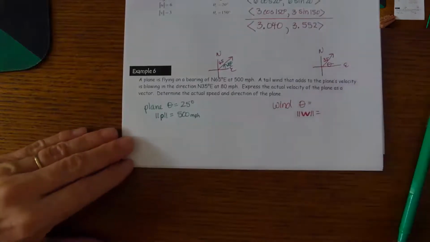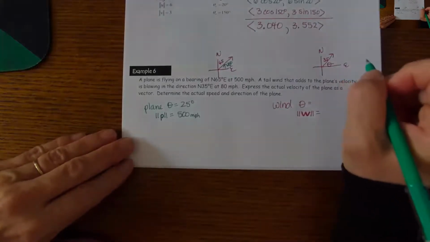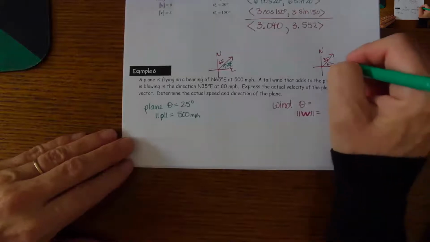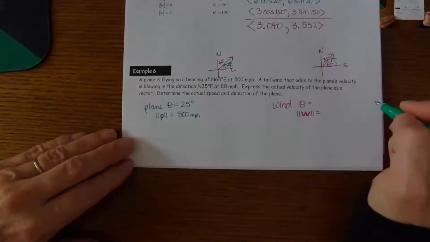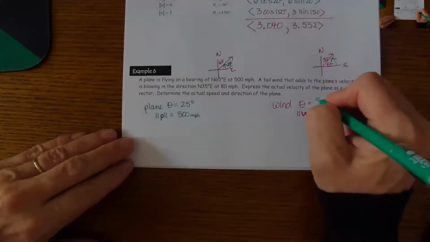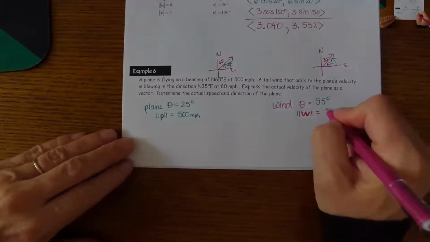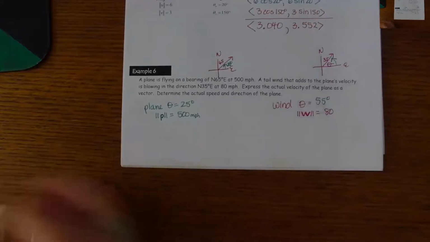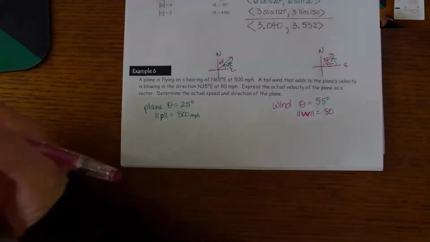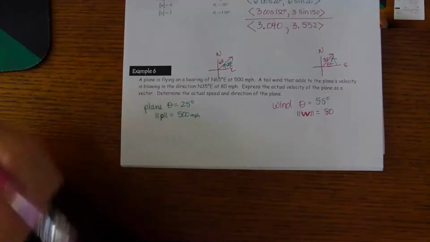So what number do I actually want for theta? 55, right? And the magnitude is what? 80. Everybody okay with this? Once we have this, it just repeats what it used to do, right?